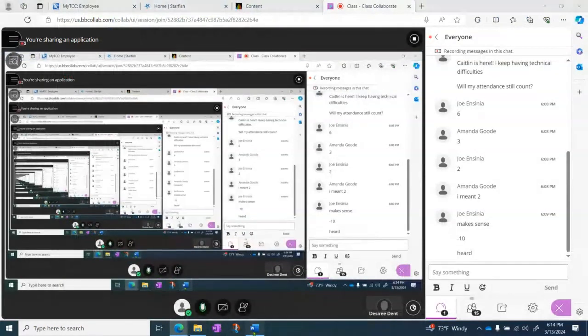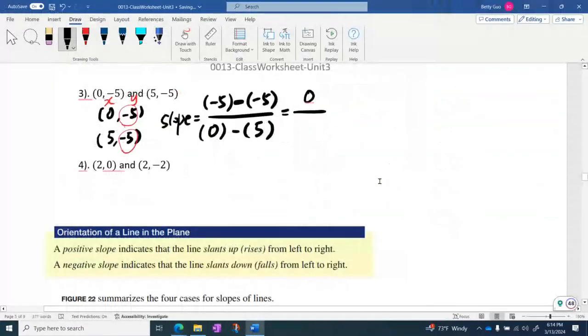Thank you, Joe. The numerator is 0. And the denominator, 0 minus 5 is negative 5. Question, what is 0 divided by negative 5? Your calculator would be able to tell you. 0 divided by negative 5 is 0, all right? Turns out the slope of the line passing through those 2 points is 0.